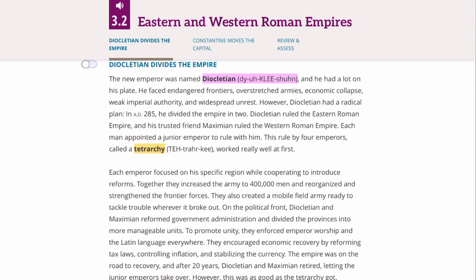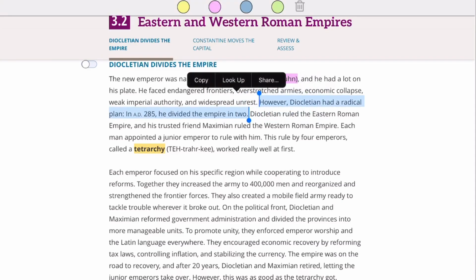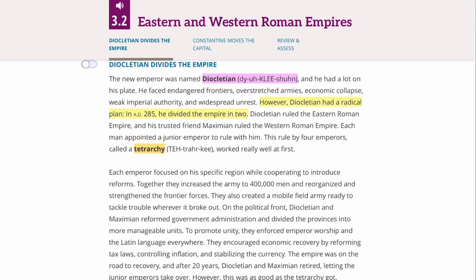In other words, inasmuch as Diocletian is a proud emperor for sure, he wants to be efficient and effective in governing his empire. So in order to do this, he divided this vast empire into two, the east and the west. He ruled the eastern side, and he let Maximian rule the Western Roman Empire.